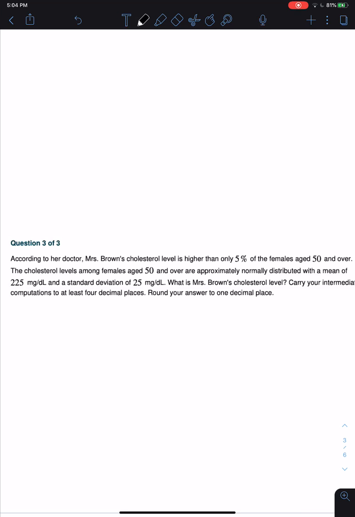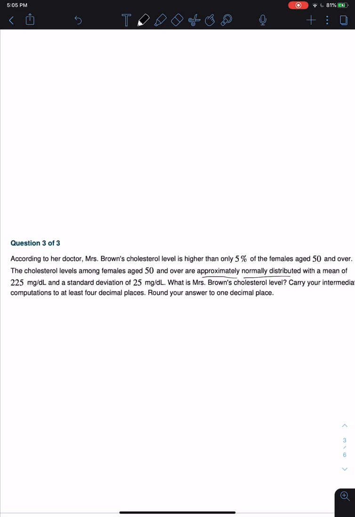Well, if it's higher than only 5%, she's doing really well, right? If her cholesterol level is higher than like 99% of the ladies out there, then she's in bad shape. Anyhow, it does say this is approximately normally distributed.